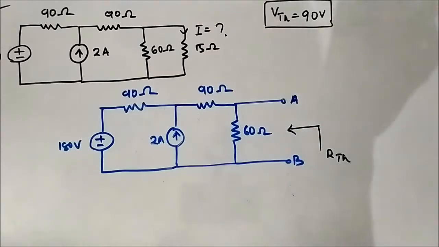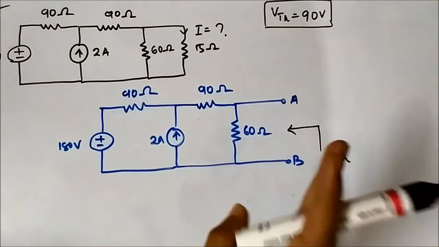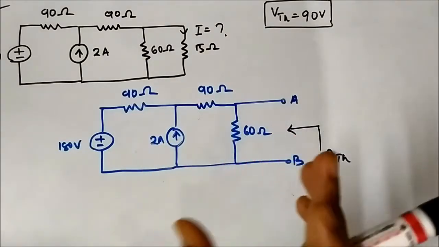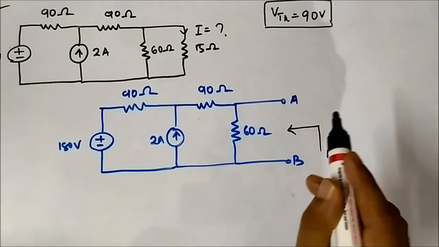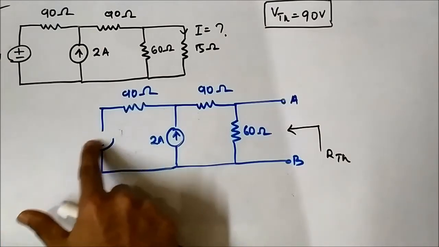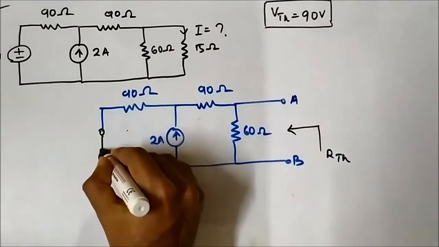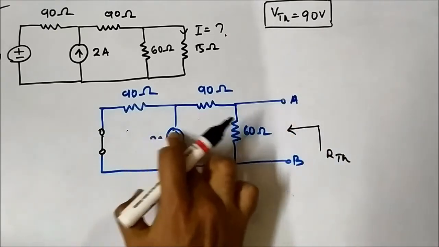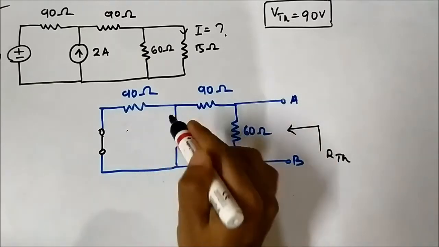In order to determine it, we have to fulfill one condition, which is to deactivate the independent sources. Only independent sources we have to deactivate. So how to deactivate? The voltage sources are replaced by short circuits, current sources are replaced by open circuits.